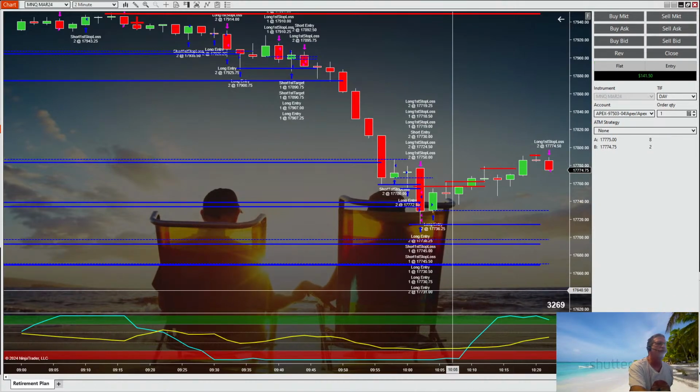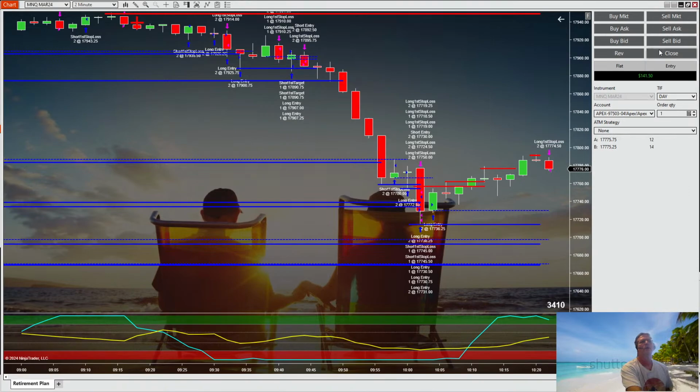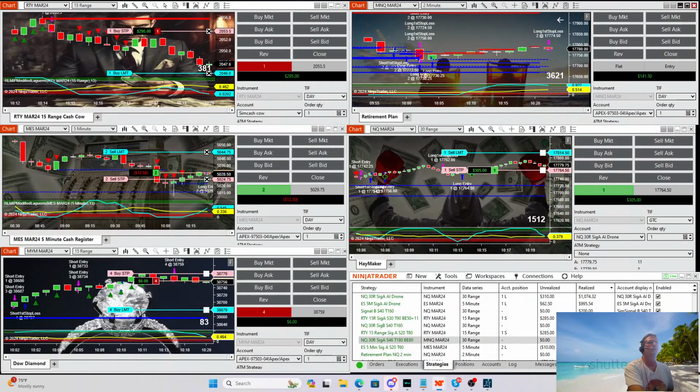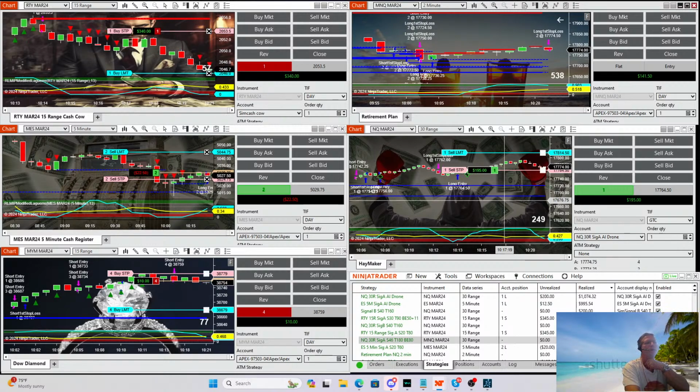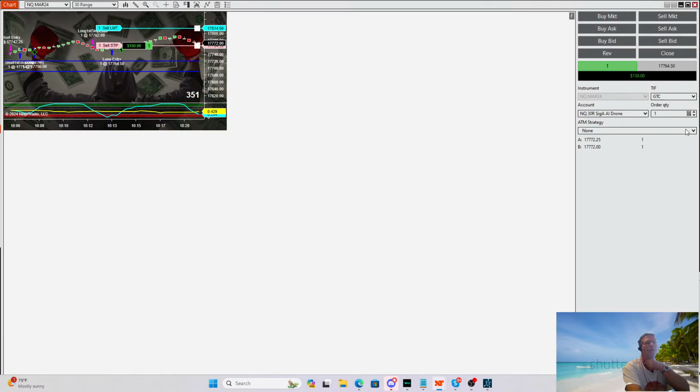Okay, still a nice trade. Can't complain about that. At 30 range, signal A is continuing to do well. I was going to switch it. Came all the way back. Let's take a look.